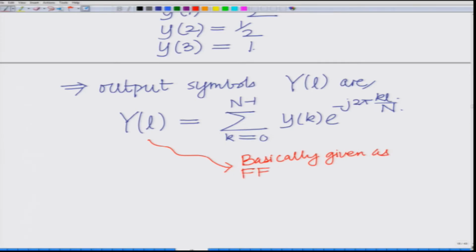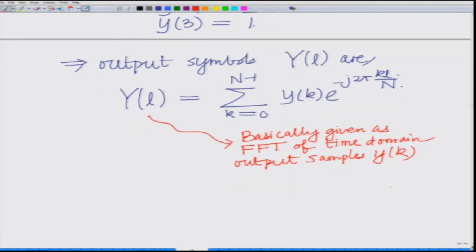So these Y_l are the FFT of the time domain output samples y_k, and that is what we have written over here.